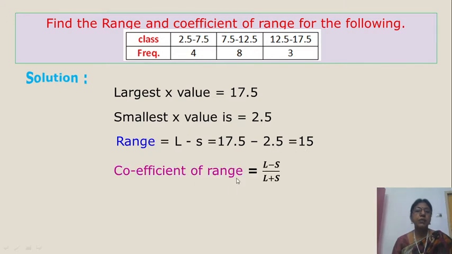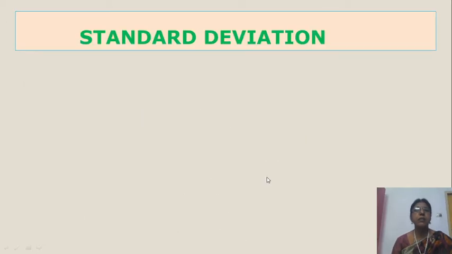Now the coefficient of range is equal to L minus S by L plus S. Substitute the values. We get 17.5 minus 2.5 by 17.5 plus 2.5, which gives 0.75. So in these two problems we found the range and coefficient of range. Range is L minus S, coefficient of range is L minus S by L plus S.